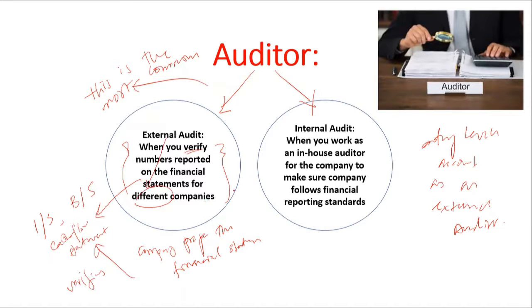If you want to work internally as an in-house auditor, then you would be called an internal auditor. Usually external auditors transition to internal auditing. So you might start as an external auditor, and then you can end up in internal auditing if you wish to.